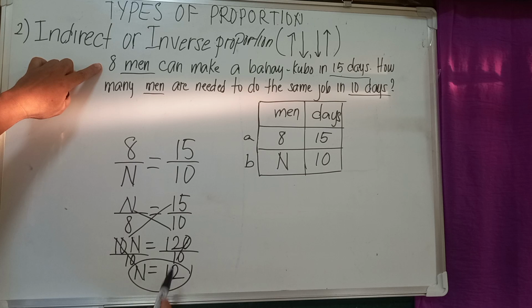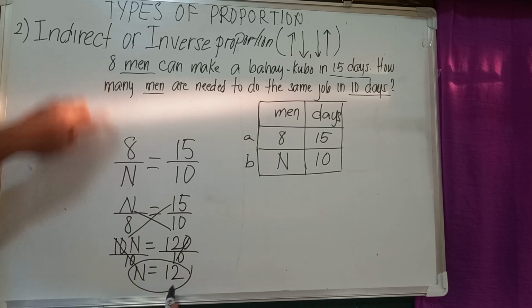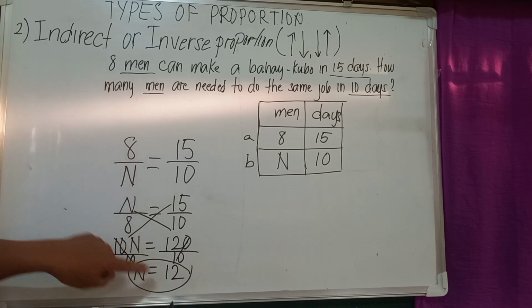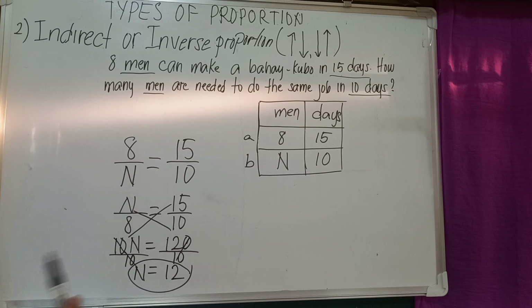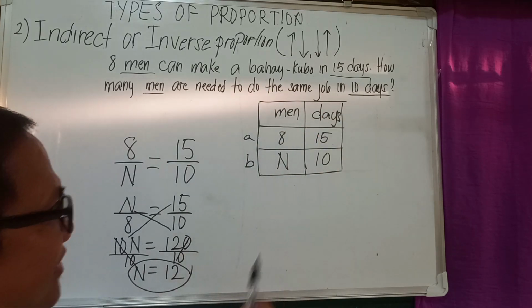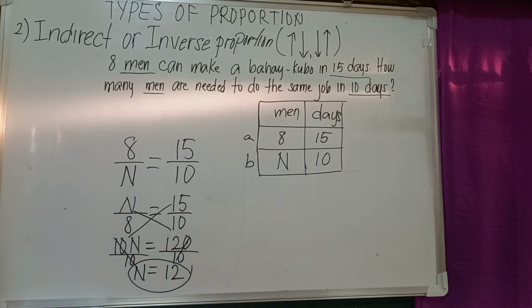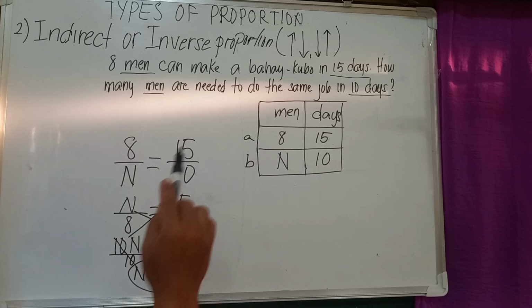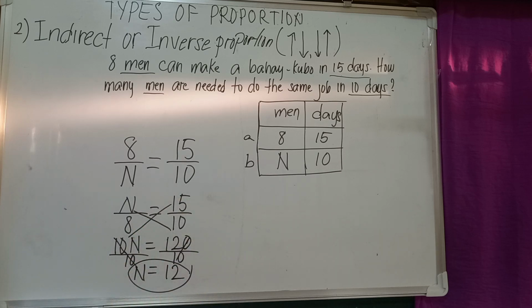Nabawasan o nagdagdag? Ito ay nag-increase from 8 to 12. So, number of men increases, the number of days decreases. So, yun yung tinatawag na indirect or inverse proportion. As one quantity increases, the other quantity decreases. As one quantity decreases, the other quantity increases.